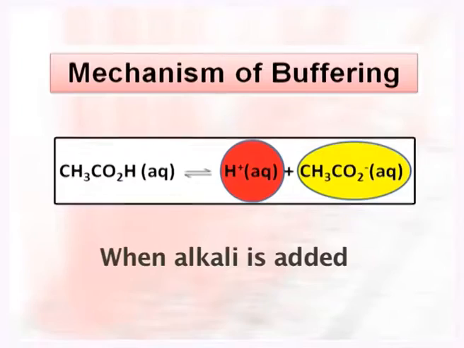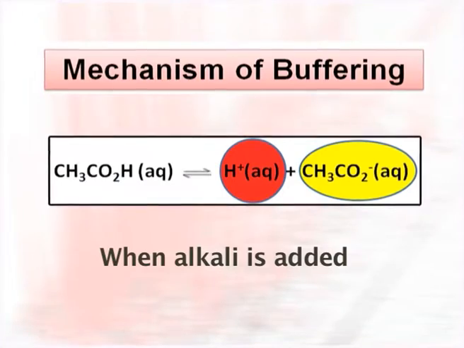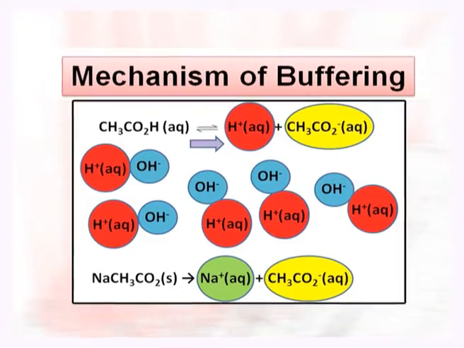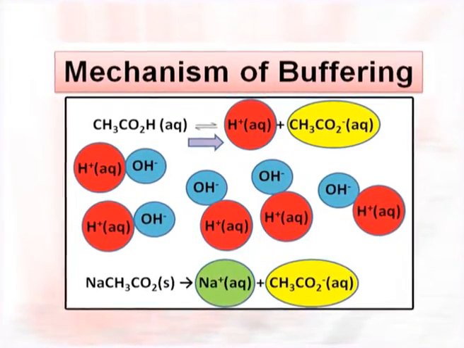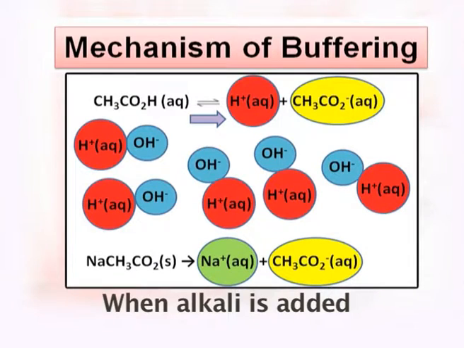Now, when alkali is added to this solution, the solution becomes OH rich. The small amount of H plus that was produced from dissociation of acetic acid reacts with OH minus to neutralize it. Consequently, from Le Chatelier's principle, the dissociation reaction of acetic acid shifts to the right and more protons are produced, which react with the OH minus to neutralize it.